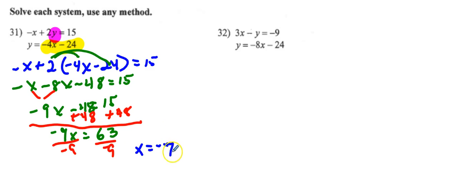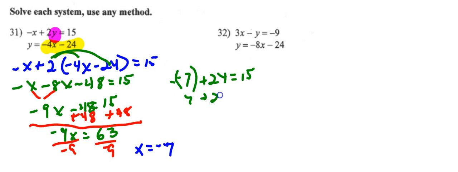We're not finished, though, because we have to plug that in to one of these equations to get the y value. So I'm just going to start with this top equation. And again, substitute this negative 7 in for this x. Don't forget about the negative, however. So that looks like this. Negative 7 plus 2y equals 15. That's 7 plus 2y equals 15.